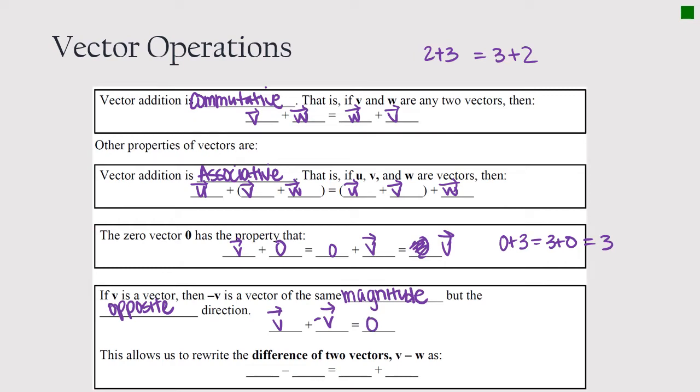And this allows us to write the difference of two vectors, v minus w. We could rewrite that as vector v minus vector w, or vector v plus a negative vector w. Same kind of deal as 2 minus 3 is the same thing as 2 plus a negative 3. So it's the exact same properties that addition holds on to.